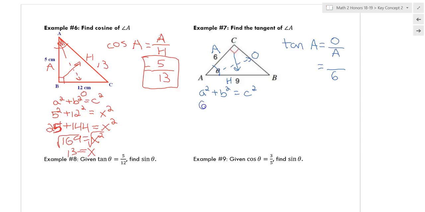So I have 6 squared plus x squared equals 9 squared. 36 plus x squared equals 81. I'm going to subtract both sides by 36.